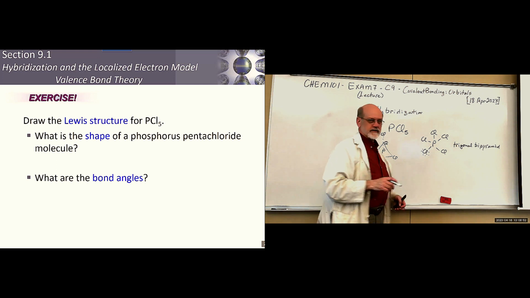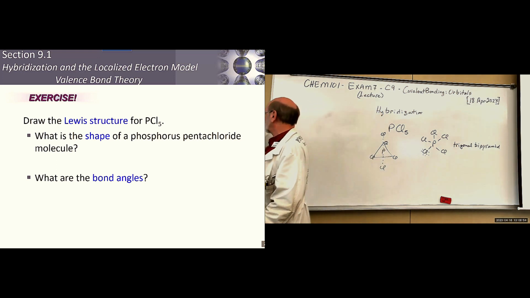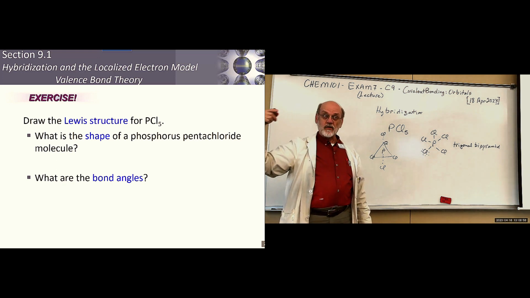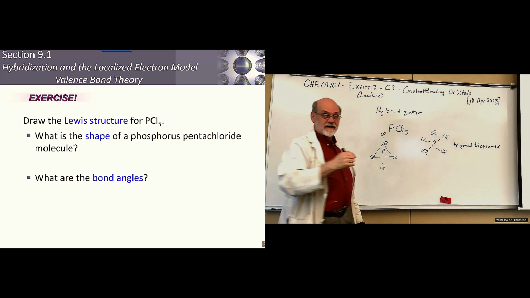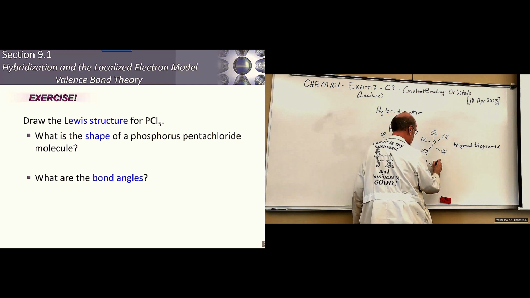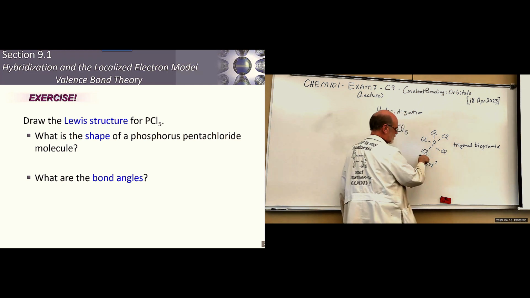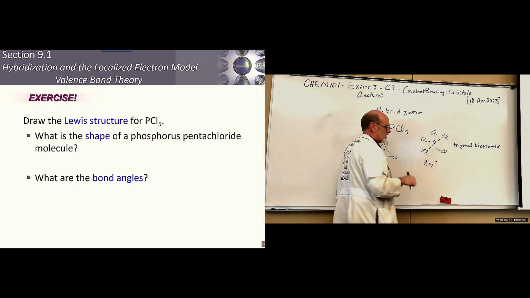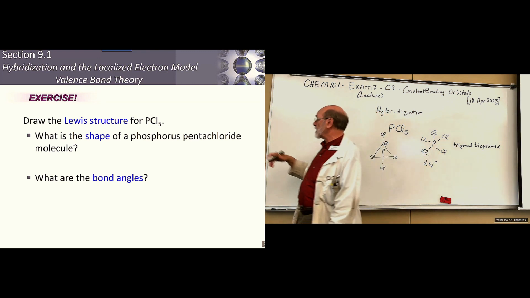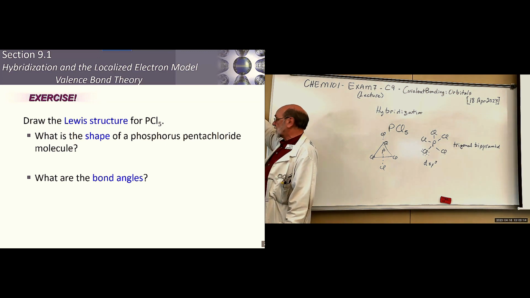Well, look where phosphorus is located. Phosphorus is in the 3rd period, right? It has access to d orbitals. So we need to add a d orbital. So a dsp3 will give us 5 equivalent hybridized orbitals. You can't do that with the second period, right?